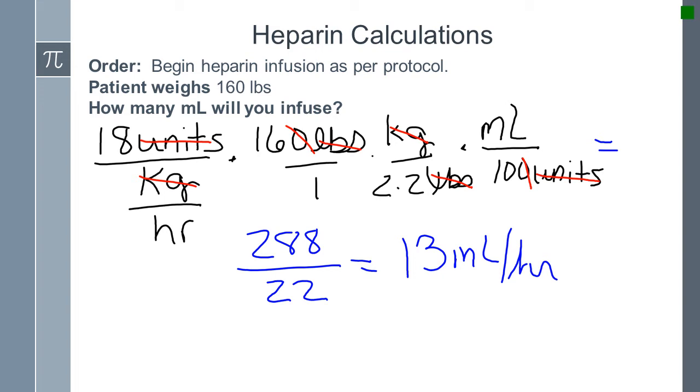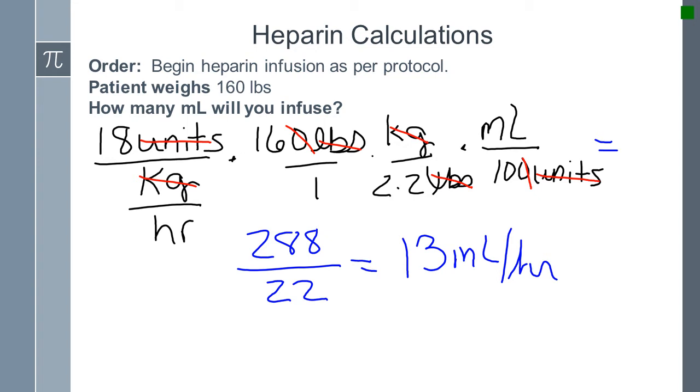Our patient is 160 pounds. We know we have to have it in kilograms. So our kilogram is 2.2 pounds. We know that we're going to have our concentration, which was 100 units per mil.